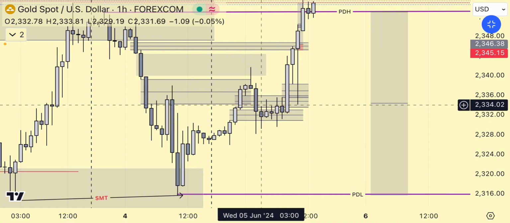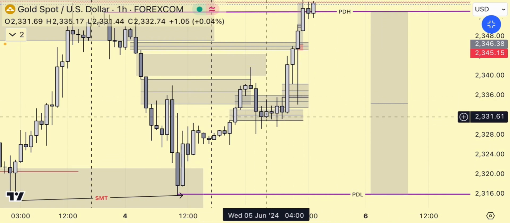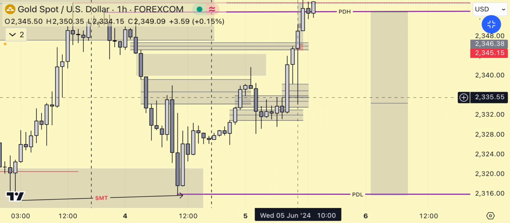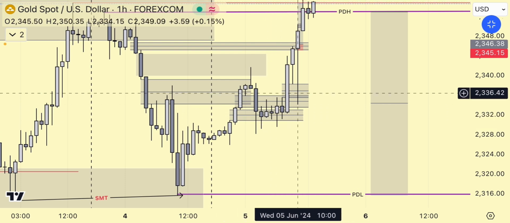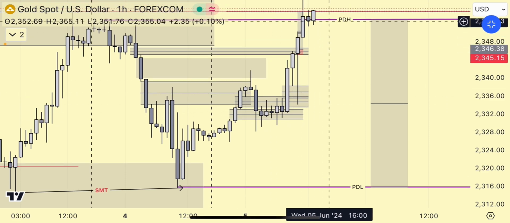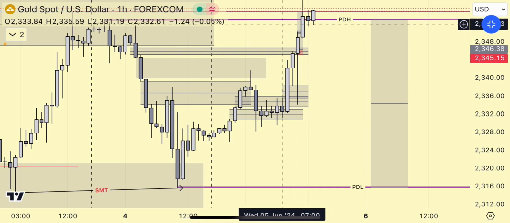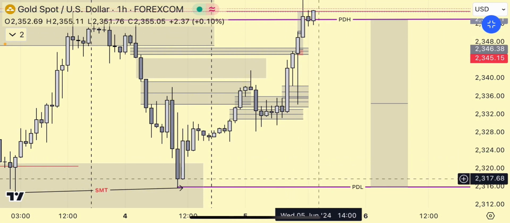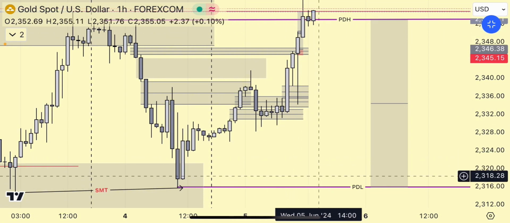So we never had a clear movement to the direction where price wanted to go, but in our mind we have our previous day high and previous day low as targets, anywhere the market wants to take price, right? That was what we were looking out for.